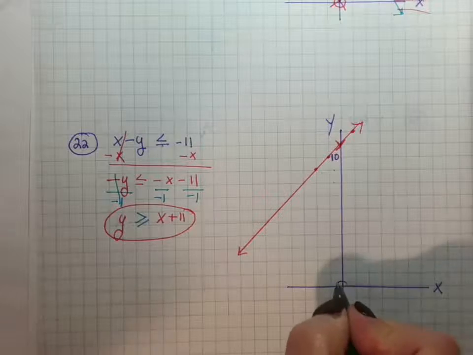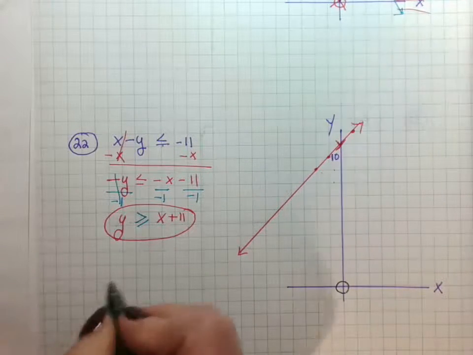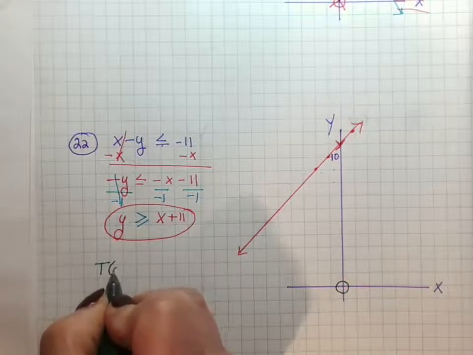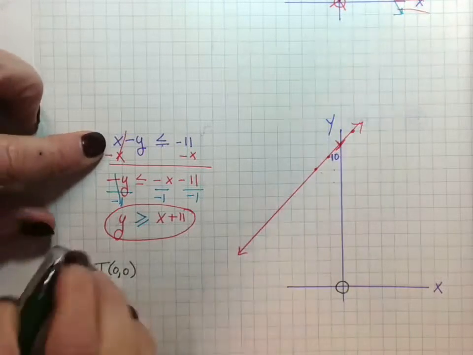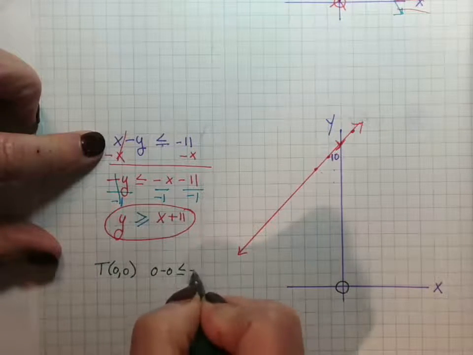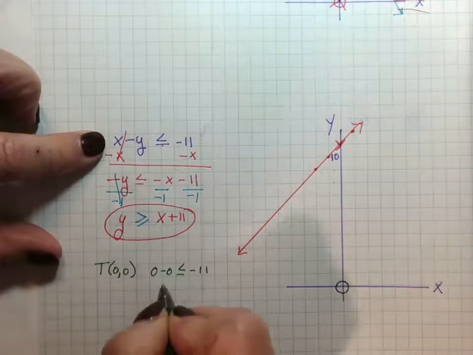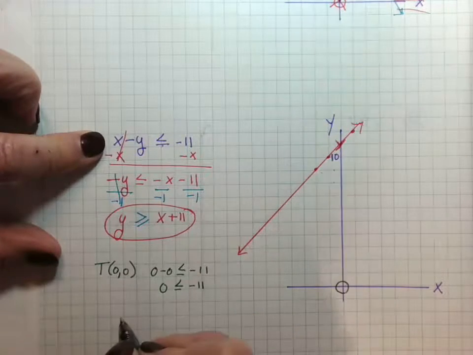So again, we want to figure out which side to shade. So we test 0, 0. So 0 minus 0 is less than or equal to negative 11. Is 0 less than or equal to negative 11?